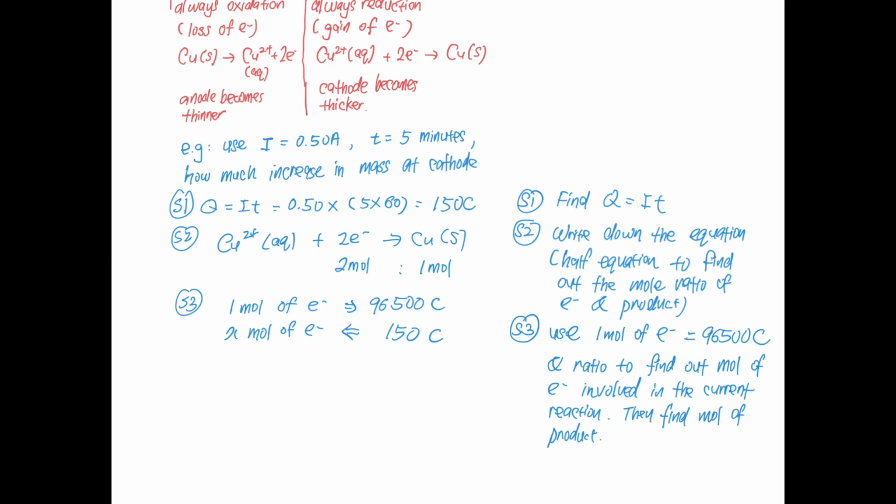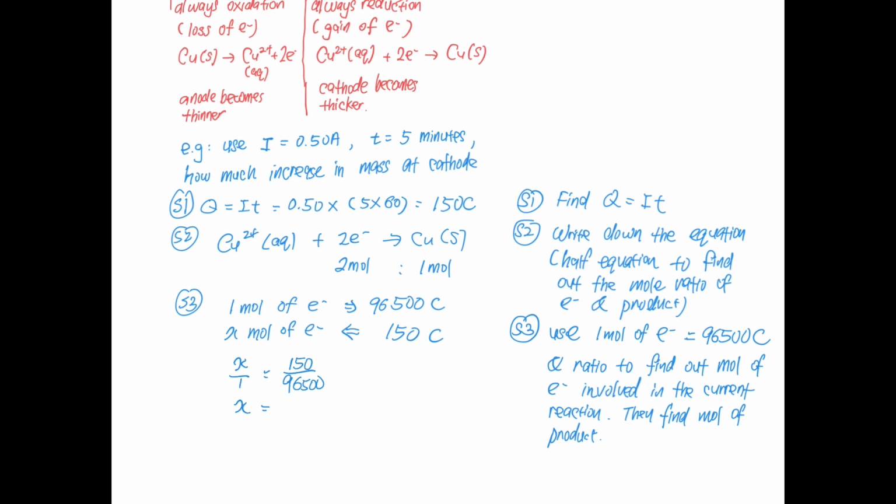The ratio method is you take the mole divide each other, x over 1, is proportional to the charge divide each other. And then we get the x already.